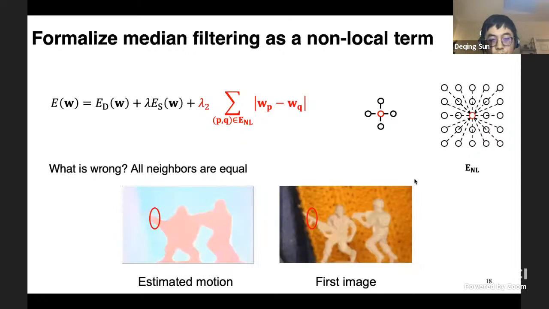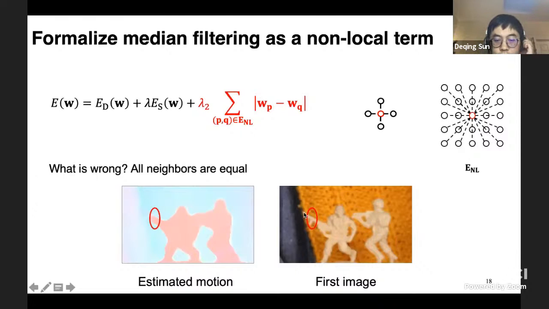When we come to the motion details, say a pixel on the rifle, it's different from the majority of its surrounding pixels. And if we enforce equal weight to all the pixels, we will blur out the motion details, say the small tip here, and also here.